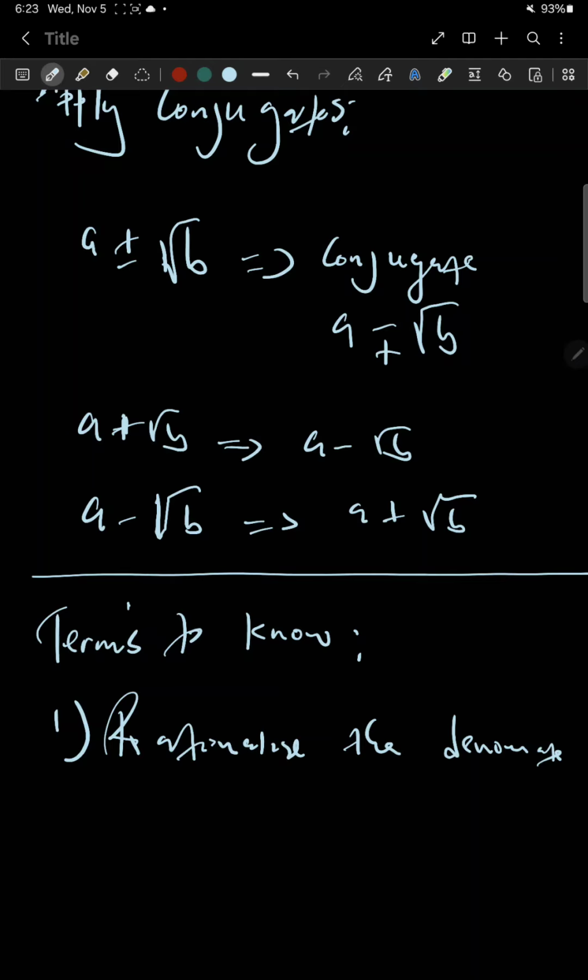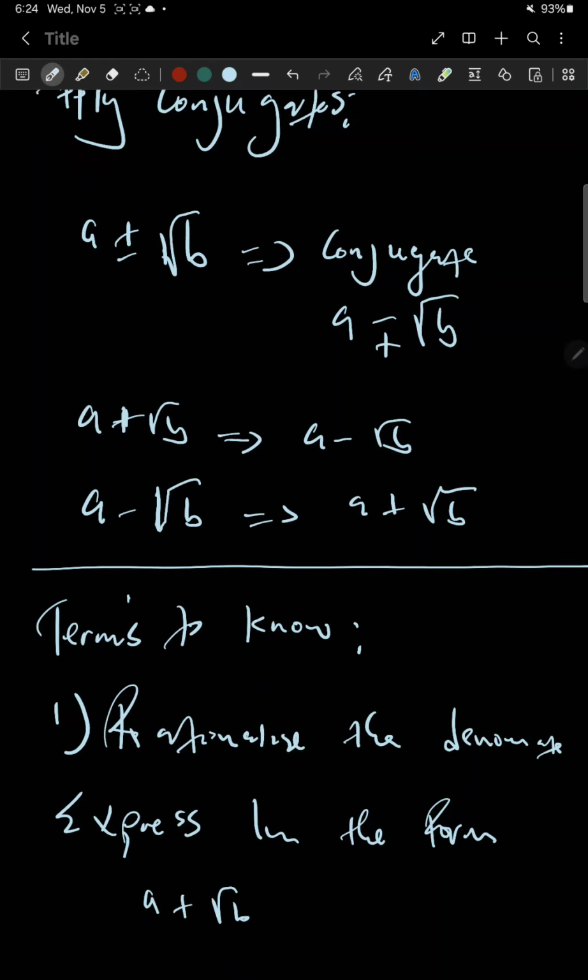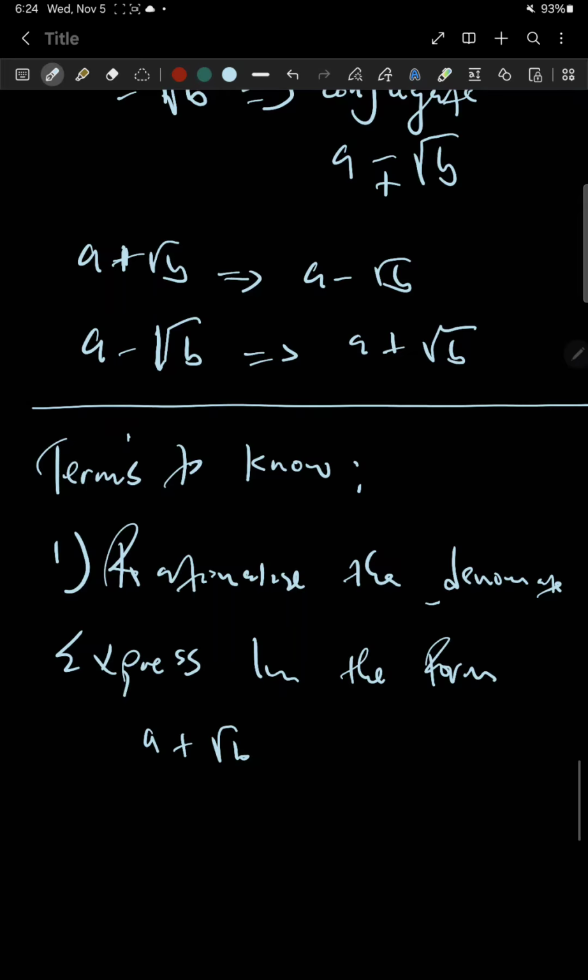Now the other way of saying rationalize the denominator is they tell you to express whatever you have in the form a plus the square root of b. So sometimes they'll use the words directly, rationalize the denominator, or they'll say express in the form of a over b. This is one and the same thing.